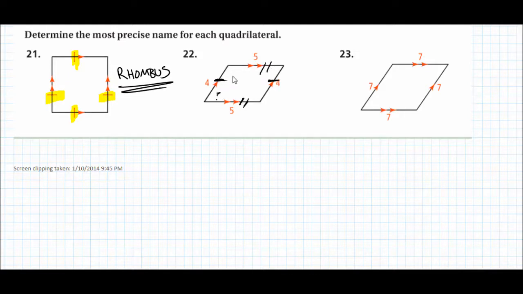We cannot tell anything about the angles, so all we know are the sides. Opposite sides are parallel and opposite sides are congruent, so the best we can call this is a quadrilateral.